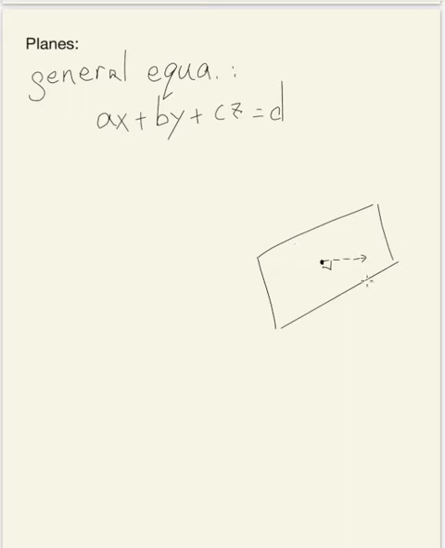Now suppose this vector, let's call it V, is written as (a, b, c).